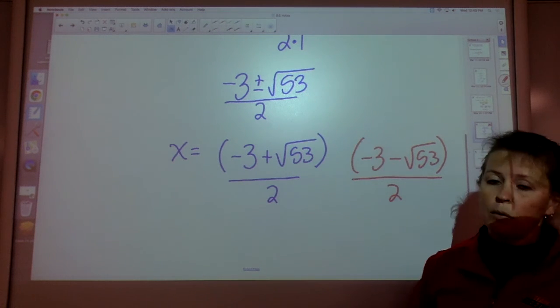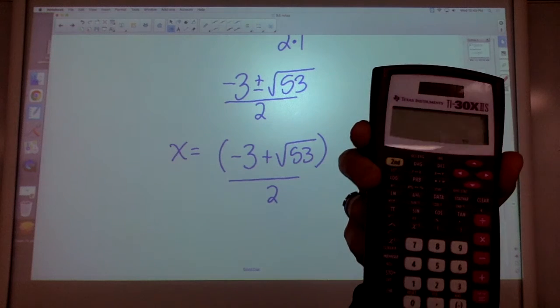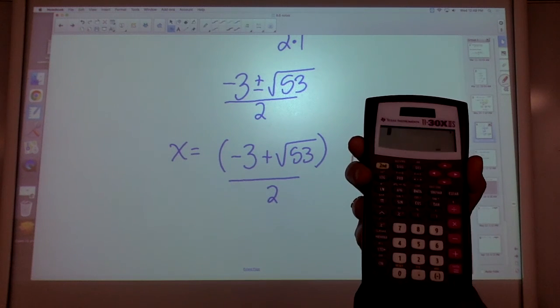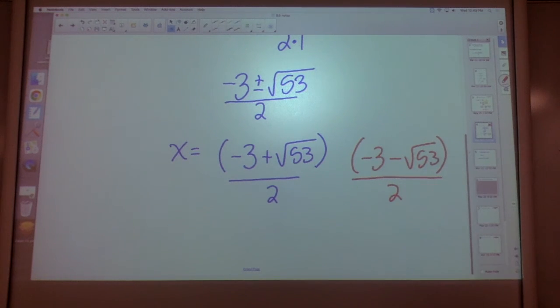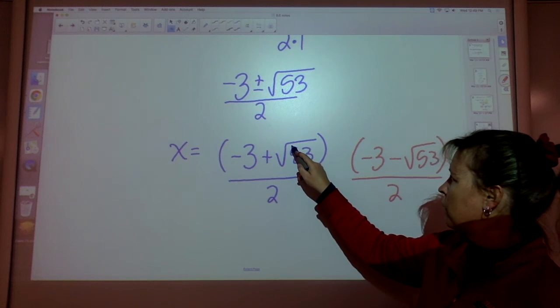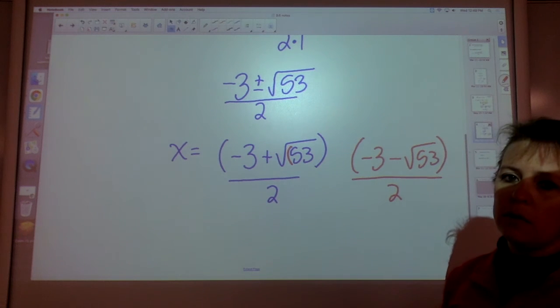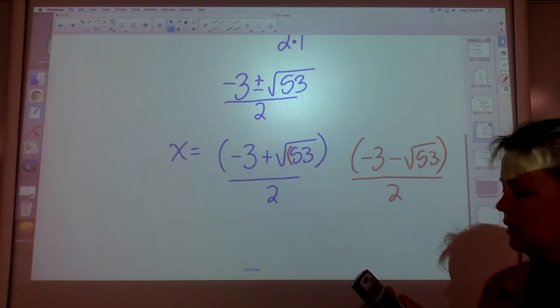Because if we take the square root of 53, we have an irrational decimal that keeps going and going and going, so we can't write that down. If you have a calculator like mine, we've been working on this all year with our square roots and our parentheses and all that. This square root button gives you a parenthesis right here, which means if you look at your calculator, let's type this in.